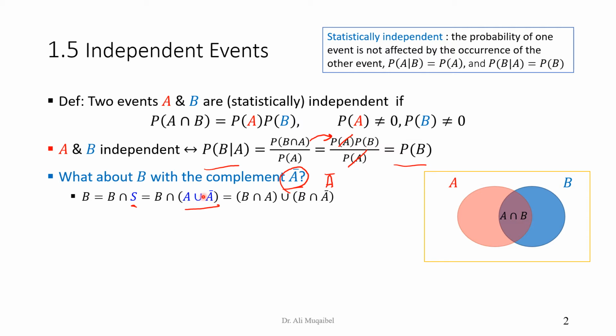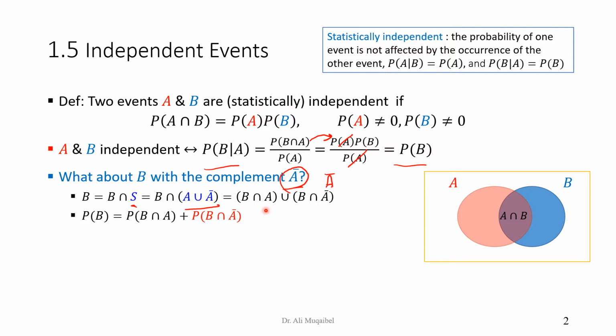So this gives you S. Now we can use the distribution property to go from here to here. B intersection with A, and, there is no probability yet here, it's just set union B intersection with A complement. So to go from here to here, we use the distribution property. Now we can further say that, of course, take probability of both sides. It's equal to the probability of B.